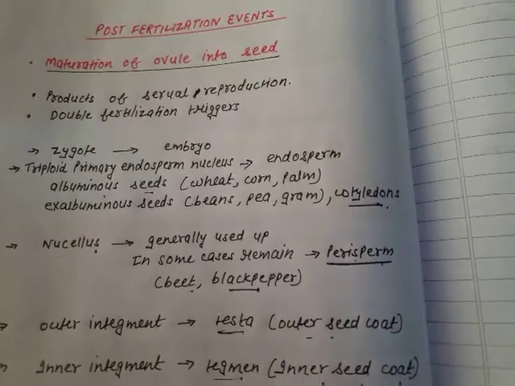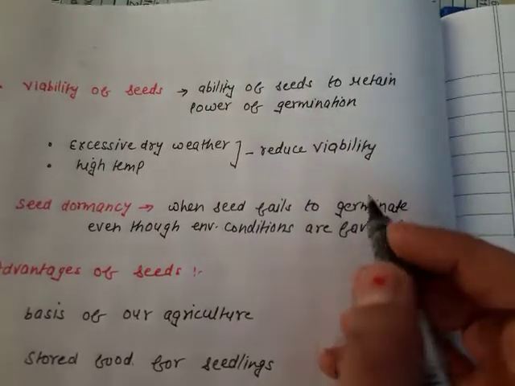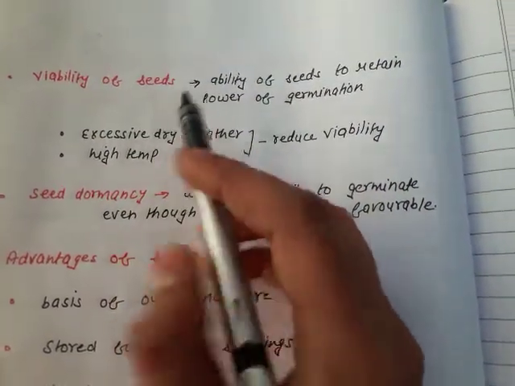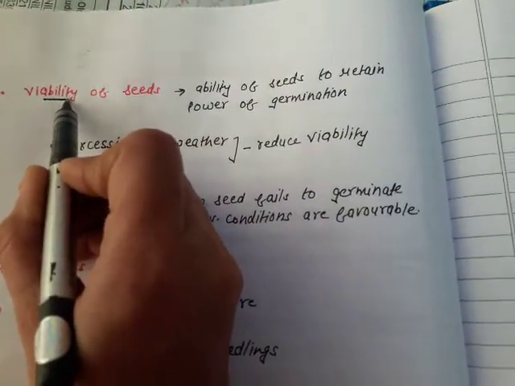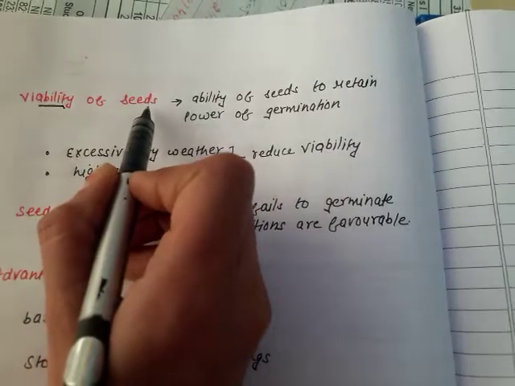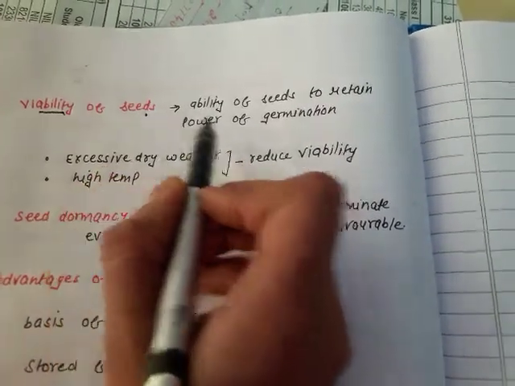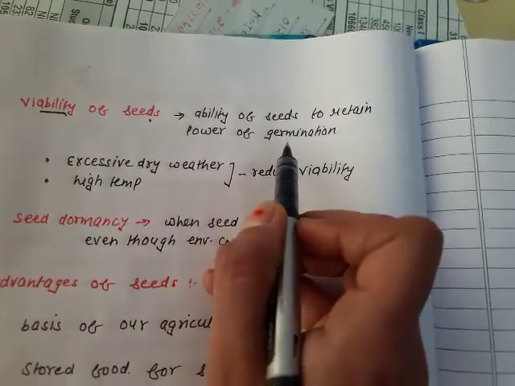And now there is a very important topic, the viability of the seeds. As the name indicates, viability means the ability of seeds to retain the power of germination over a period of time.